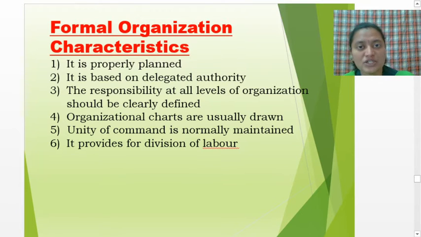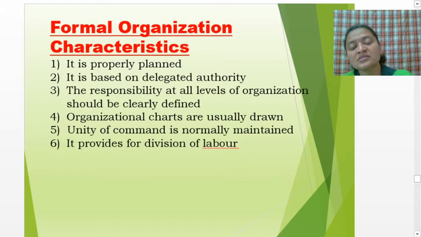The top level management has the authority, and in turn the responsibility is delegated or assigned to different individuals working in the organization, or all employees. The delegation or assigning of work is possible in the formal organization. It is based on delegated authority: how the tasks, duties and responsibilities are delegated, or the work is assigned, among the different individuals.